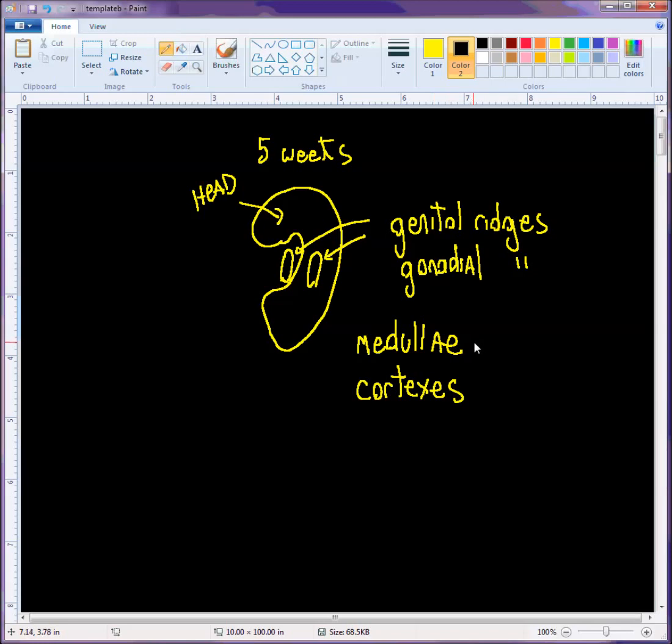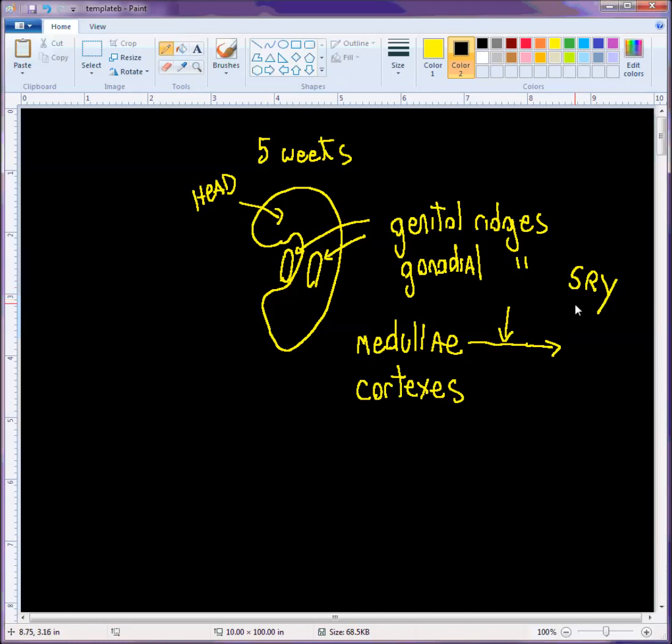So next, what can happen now? At this point, the ridges, or the medullae, are waiting for a signal. We know now that that signal is going to come from the SRY gene on the Y chromosome.